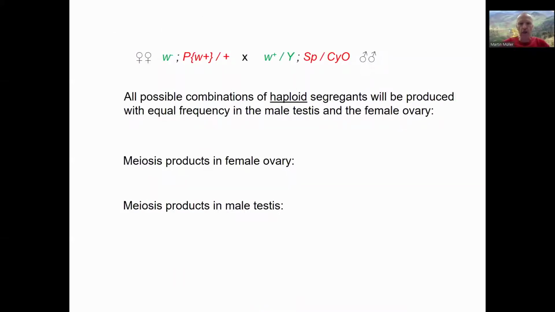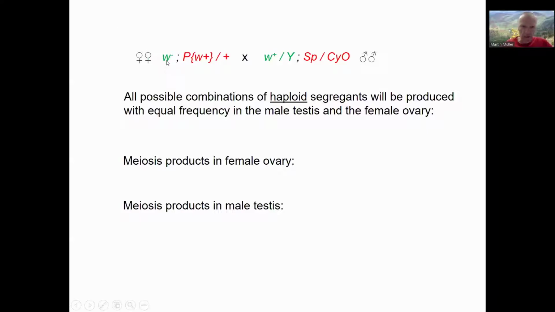Now, the next step. We have now our genetic cross. We have the females, the mothers, and here the males, the fathers, which are put together in the same vial, and they will produce progeny. So what are the genotypes of the eggs that the female is producing during meiosis?